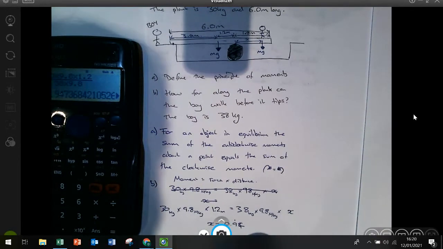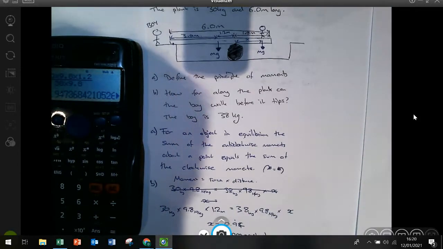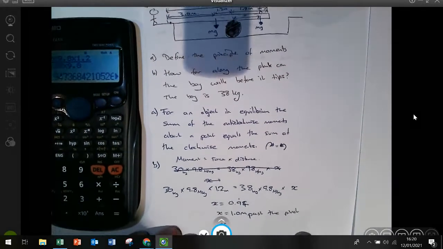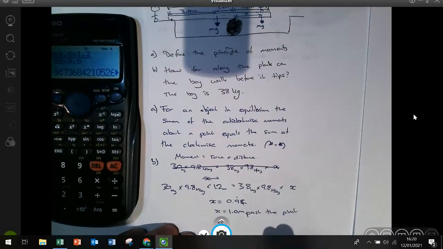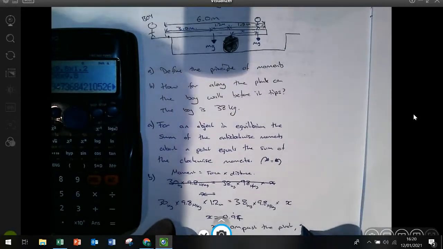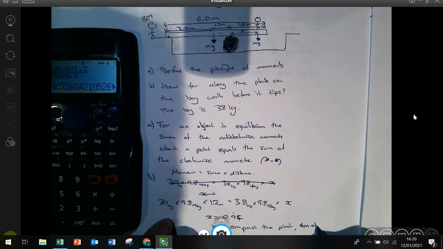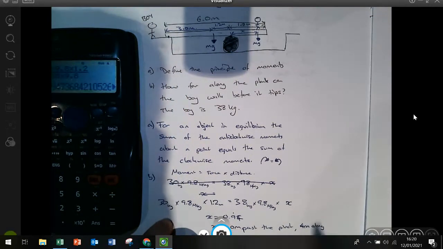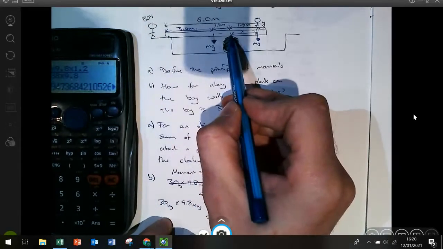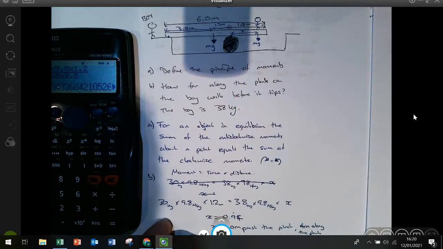So effectively, x is 1.0 meters past the pivot, or depending on exactly how the question is worded, we might want to say that the boy can walk 4 meters along the plank, because they can obviously walk 3 meters and then they can walk 1 additional meter before they get to the point where it tips.